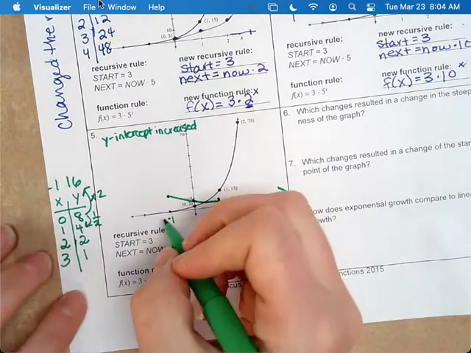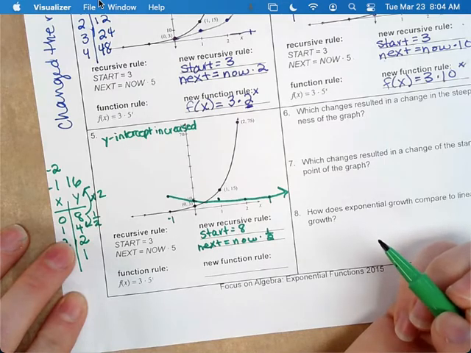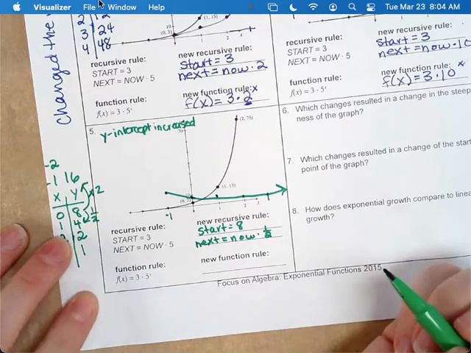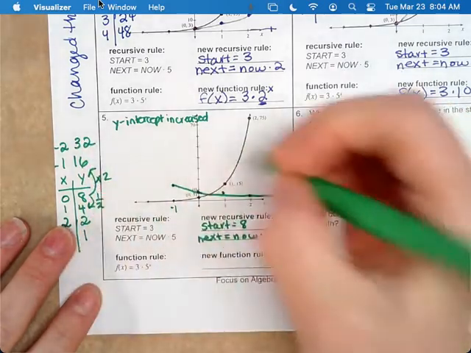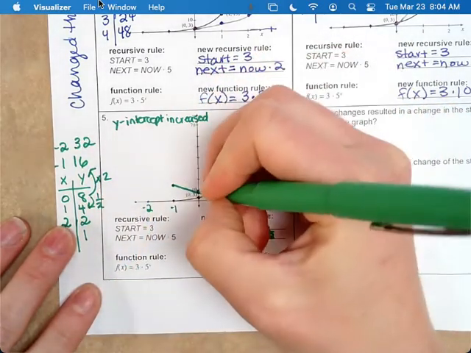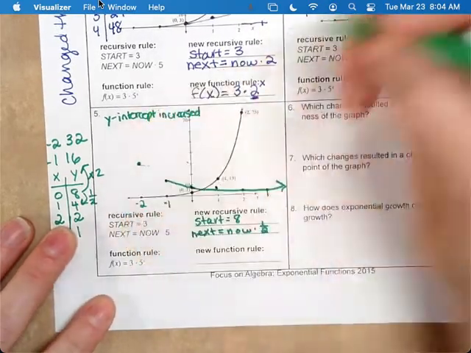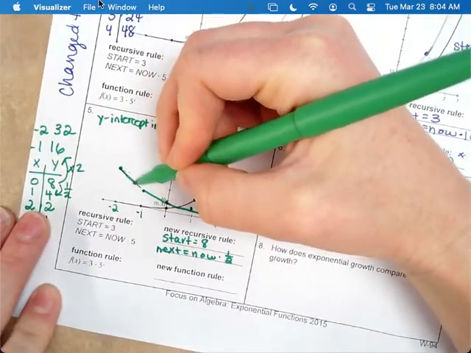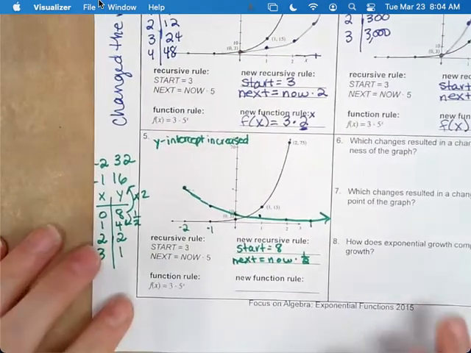So what would be the -2? Positive 32. So -2, 32. Be like right there. Let's find one more.